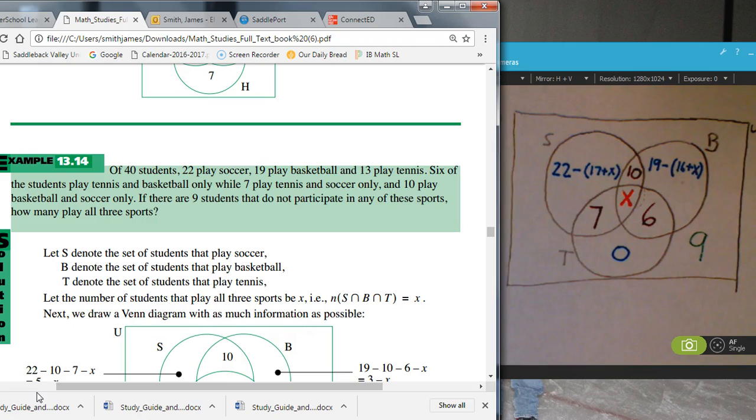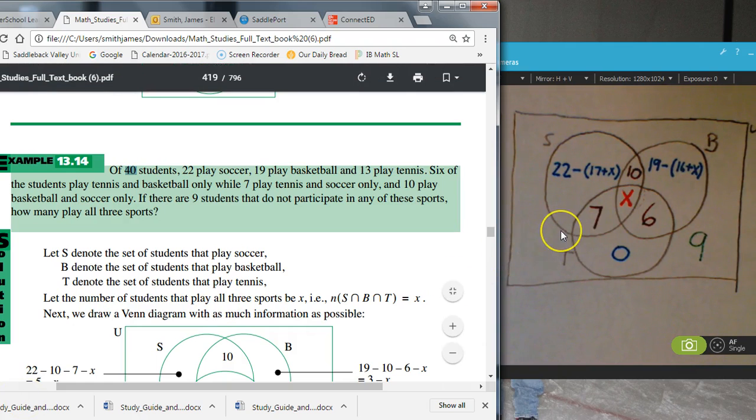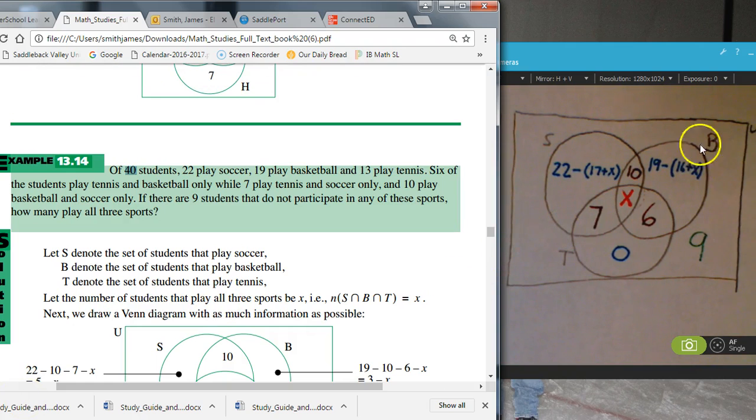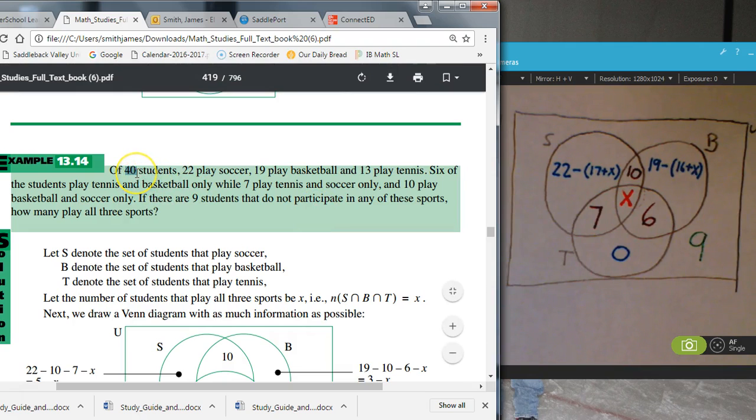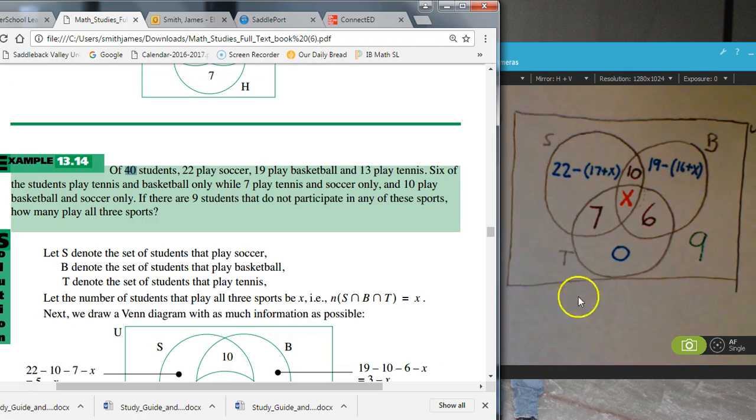All right, so now let's take into account the global picture here. We know that there is a total of 40 students, which means everything that I have in that rectangle would add up to 40. That's our guide as to how to finish this problem off. Typically, at this stage, knowing that the universal set is 40, I would take everything that I have, add it all up, and set it equal to 40.